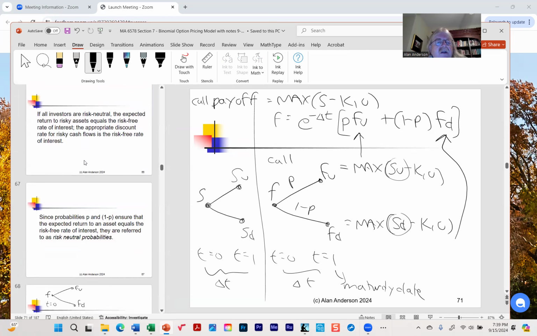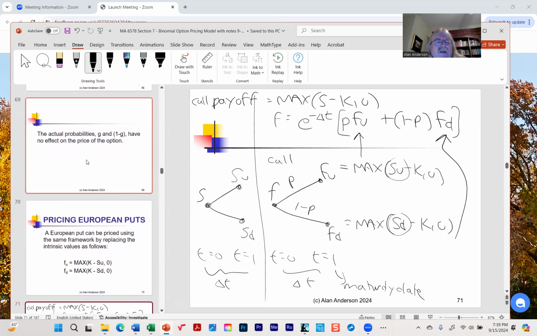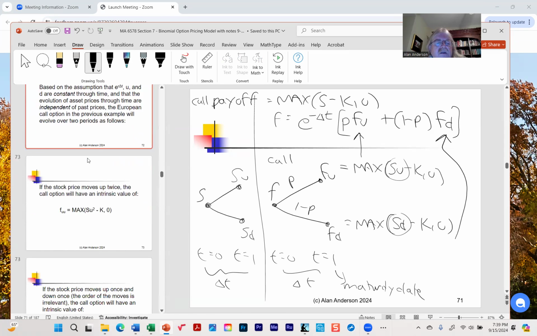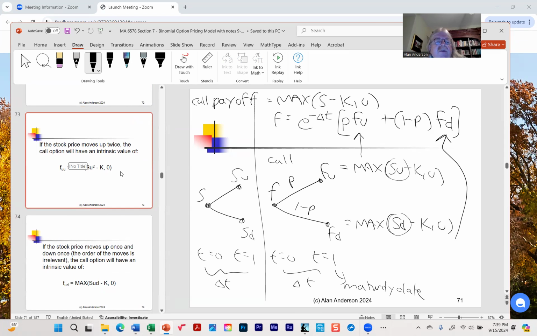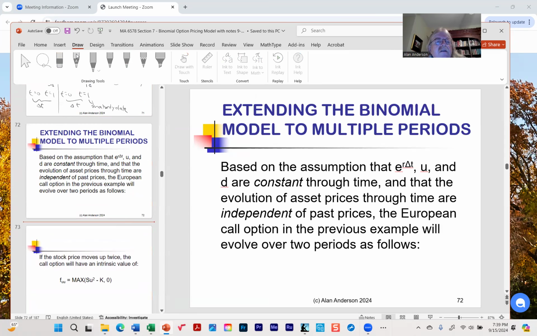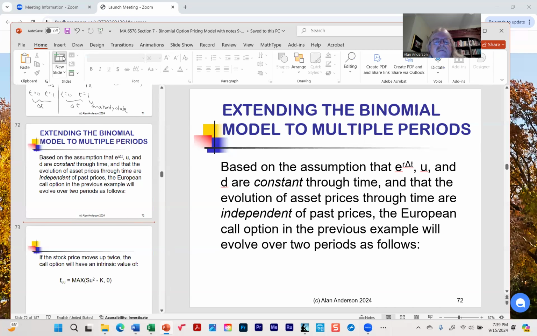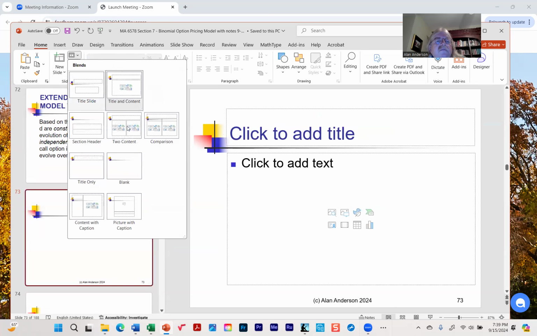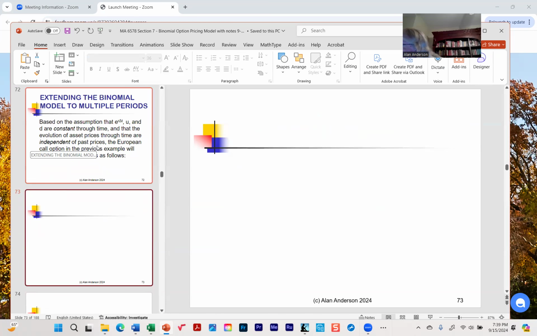Now, if we go past a single time step, it gets a little messier. For example, it can either go up to SU or down to SD.